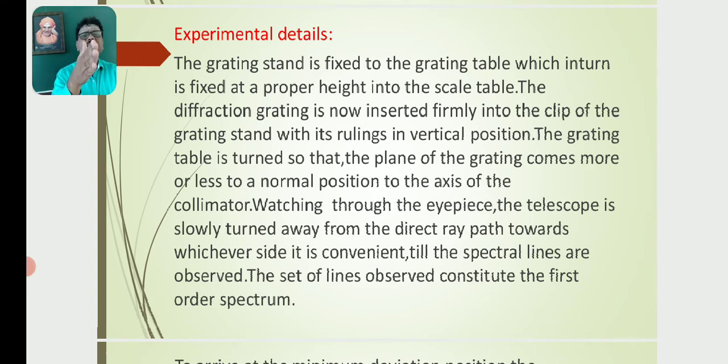So as we move from the first order spectrum to the neighboring second, third or fourth order spectrum, the intensity goes on decreasing. In this way we get the diffraction pattern, the set of lines and set of colors, in the field of the telescope.